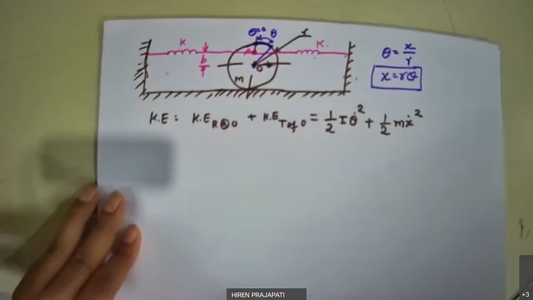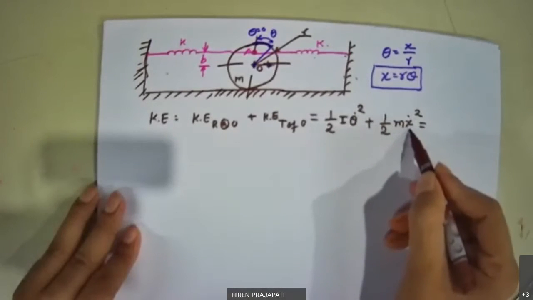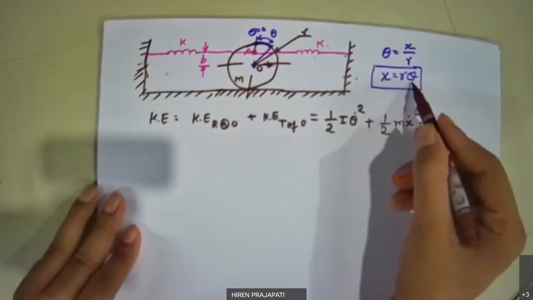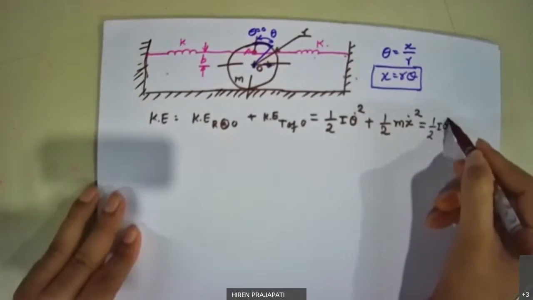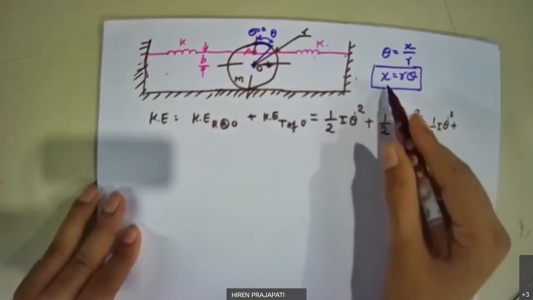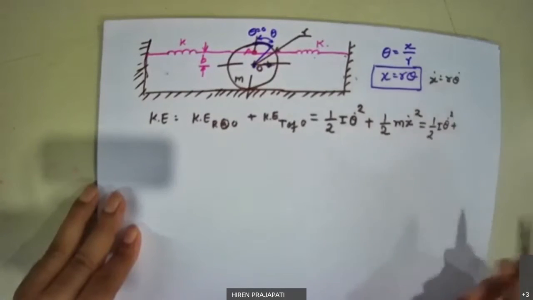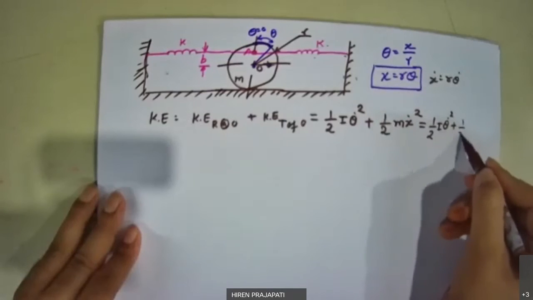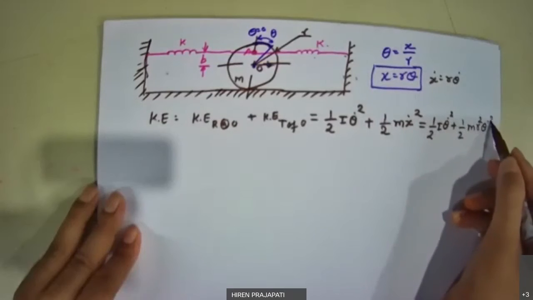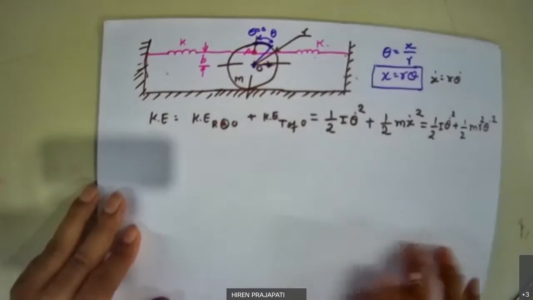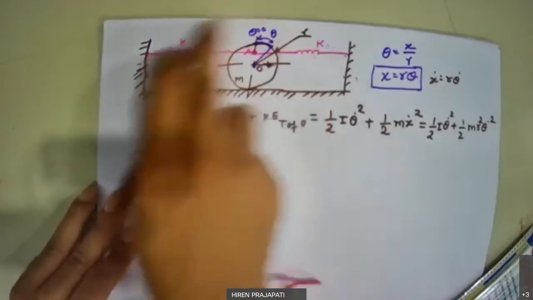Now let me write it in the form of theta. Simply, x is equal to r theta, then x dot is equal to r theta dot. So I write here 1/2 m r square theta dot square, right? So this is the kinetic energy of this entire system.